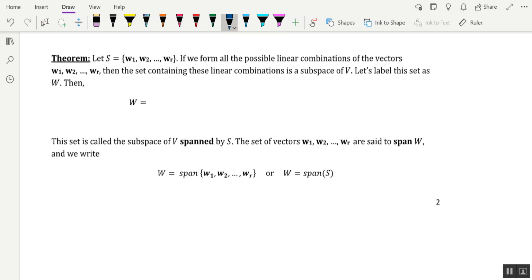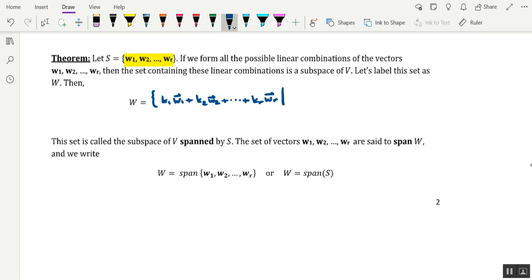I'd like to give you the set notation version of this subspace W. It's going to be the set of all linear combinations of W1 through WR. Let's write that as K1 W1 plus K2 W2 plus dot dot dot KR WR. So that's what our objects look like.